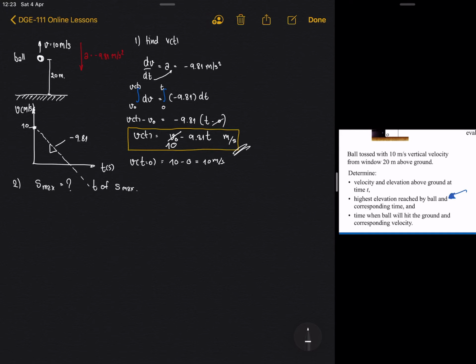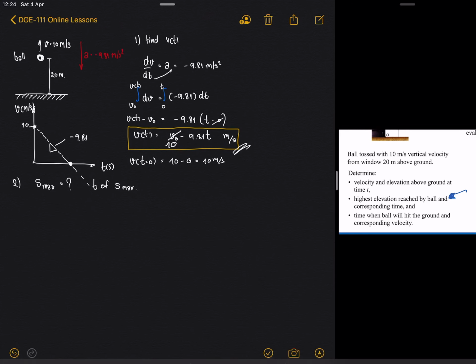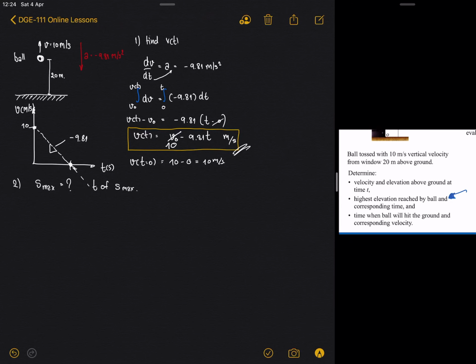So what is the Smax in this case? You know that when we reach the max height, this is when we have the velocity at 0. Why? Because from this point onward, the velocity is negative, meaning the height of the ball is reduced.